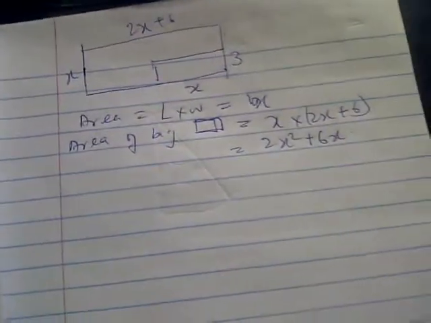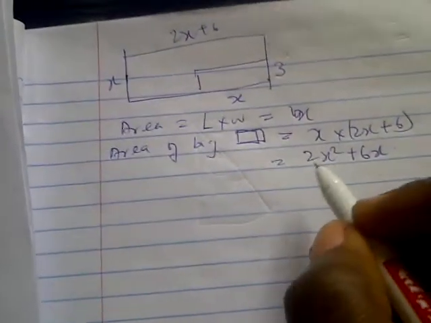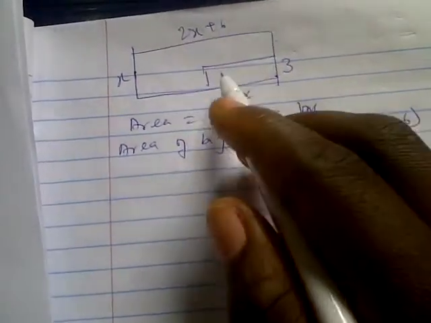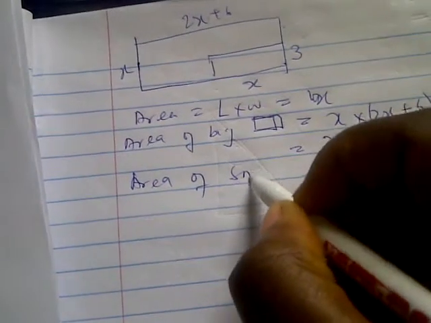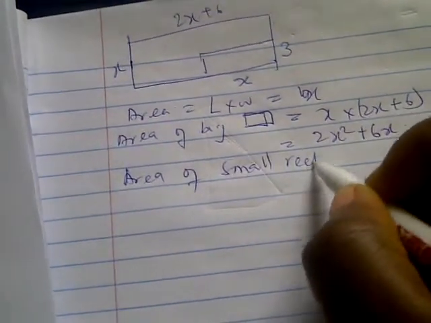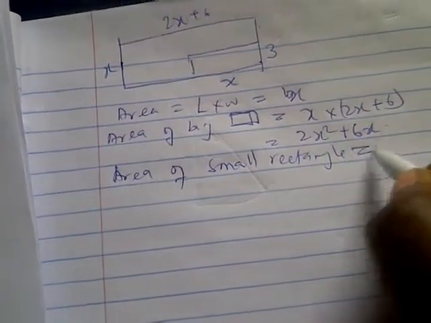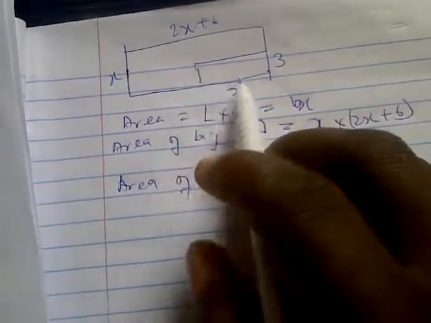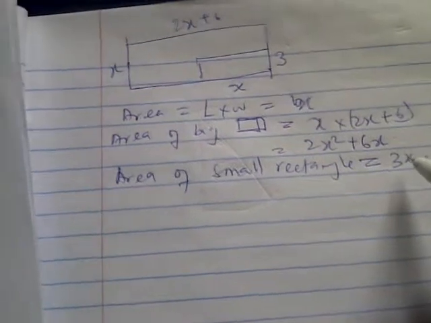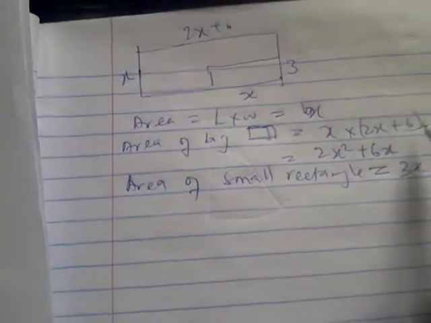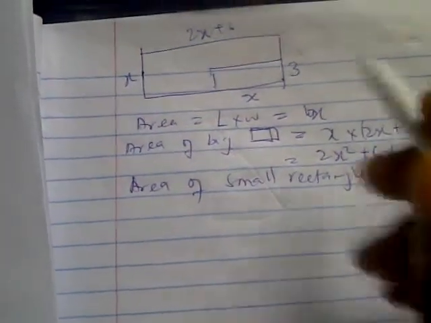Now the area of this small rectangle is x times 3, that's 3x. But now we're told that the area of the shape that is left is 100 centimeters squared.